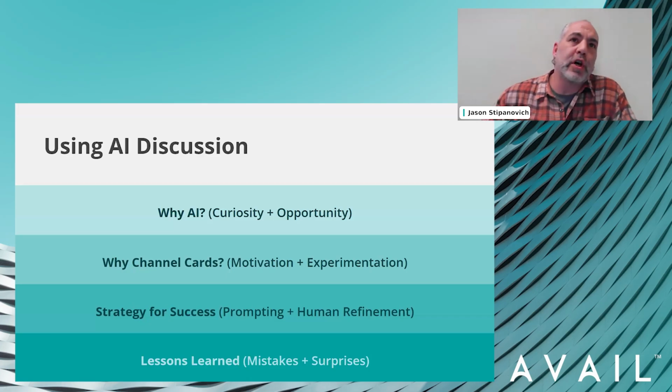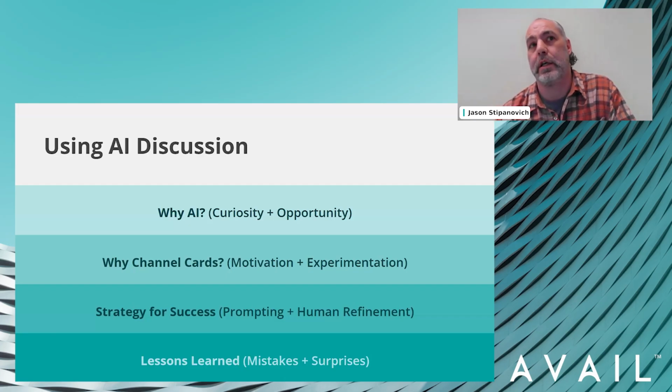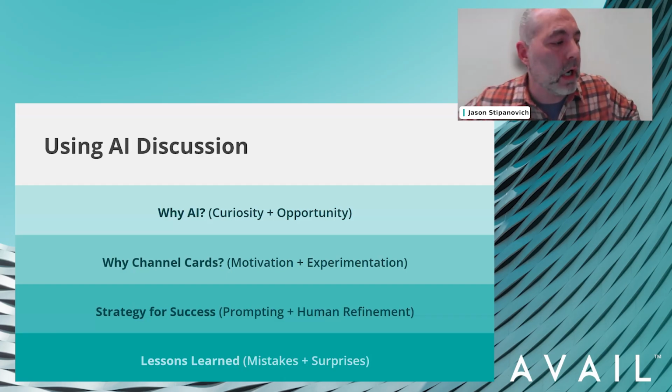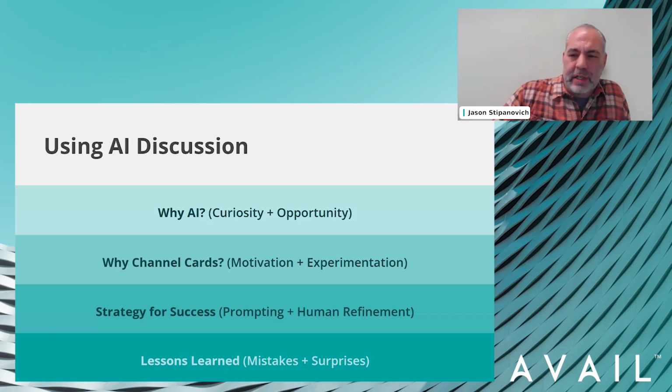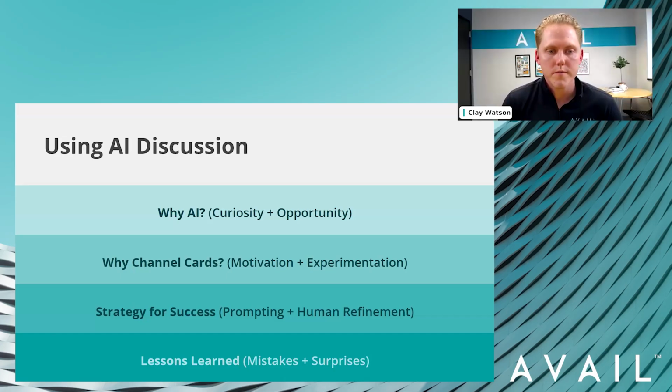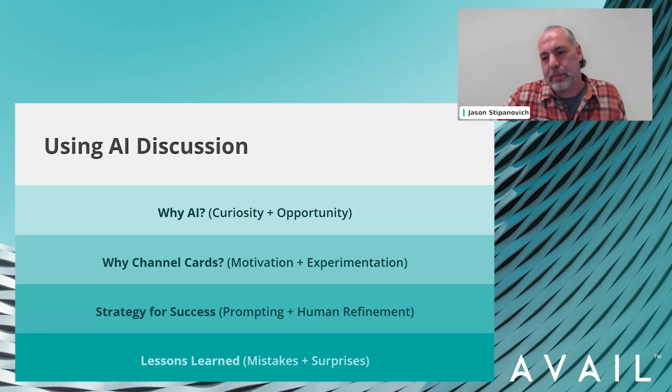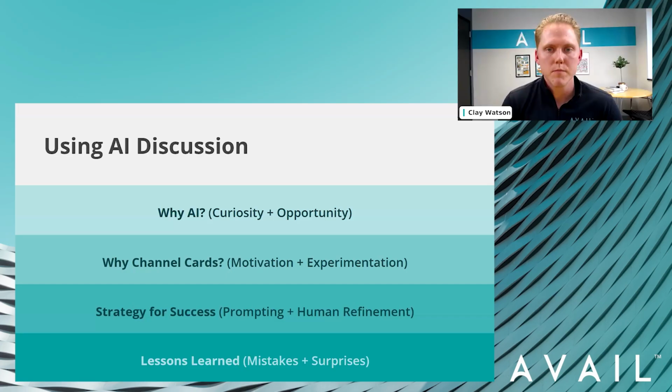So when we first got Avail, our first attempt at implementing channel cards was based on our families being stored in the library under a specification section. That's how we originally set up the channel cards. But we realized that really wasn't conducive to how people generally search for content, so we decided to push it over to Revit family category.